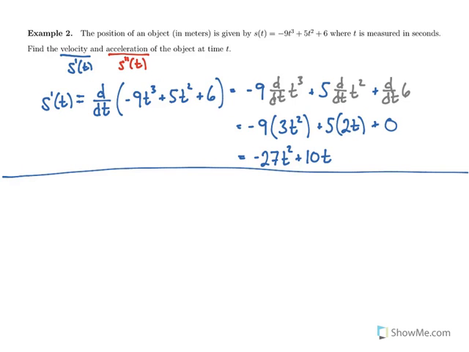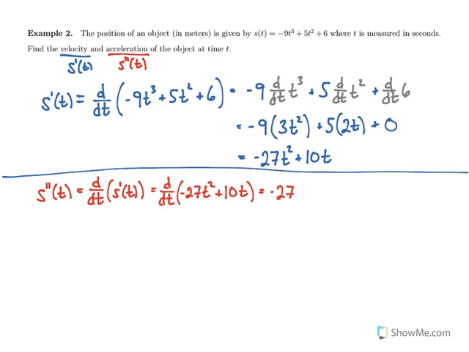So then we're going to do that again. If I want to find the second derivative, that's going to be the derivative of the first derivative, which is the derivative of negative 27t squared plus 10t. So that's going to be negative 27 times the derivative of t squared plus 10 times the derivative of t.